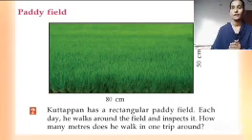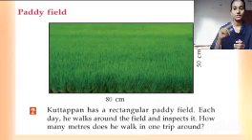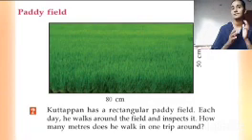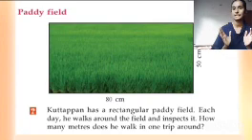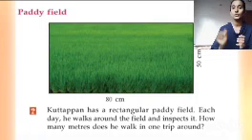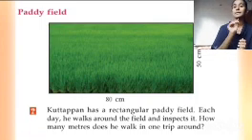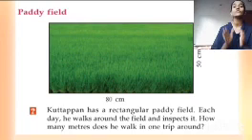Then 200 centimeter is equal to 2 meter. There is no change for 60 centimeter because we cannot convert it into meter form. So 2 meter 60 centimeter is the perimeter of Kuttappan's paddy field.